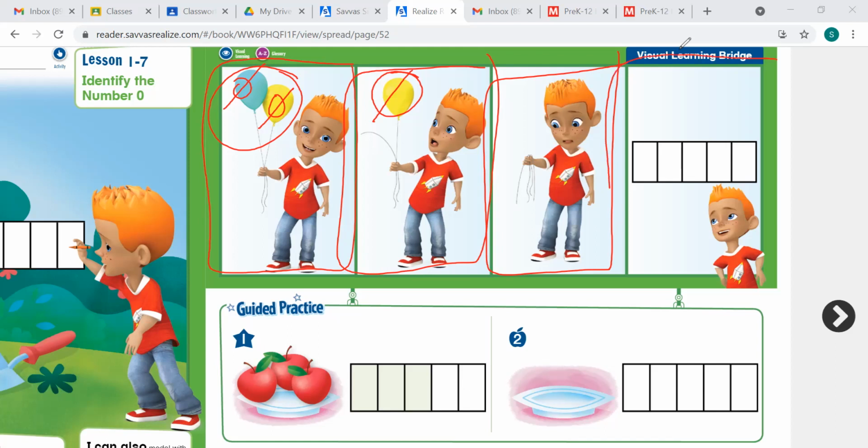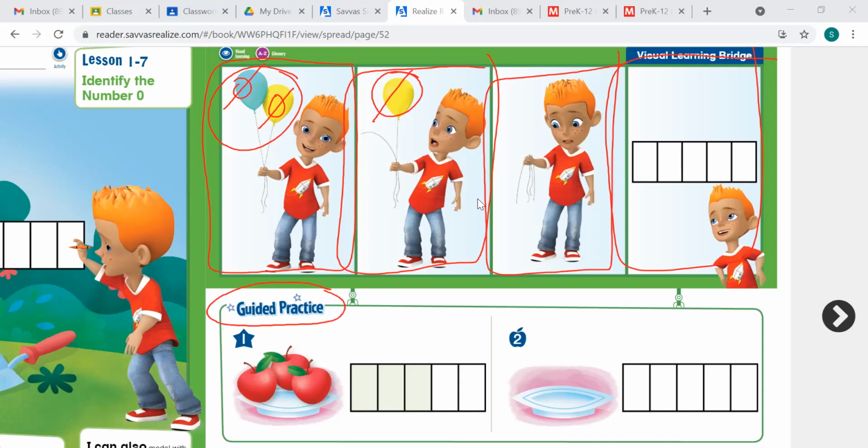So if we look over here, how can you show that Alex has no balloons with these boxes? We don't color any of the boxes. And how will this show the number of balloons? Well, there are no balloons, so there are no colored boxes. There were 0 balloons.